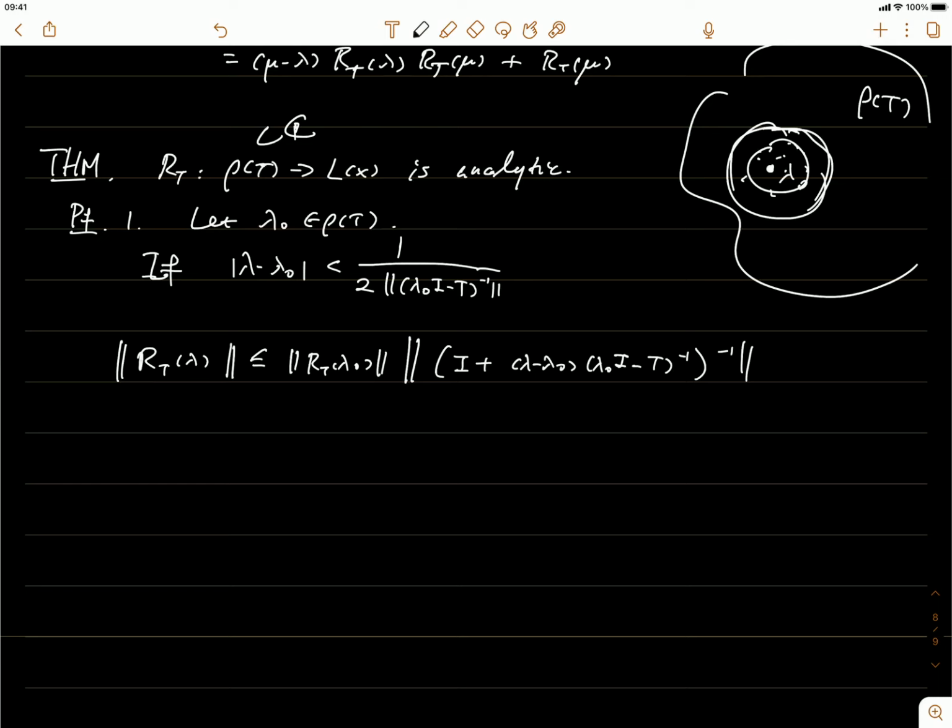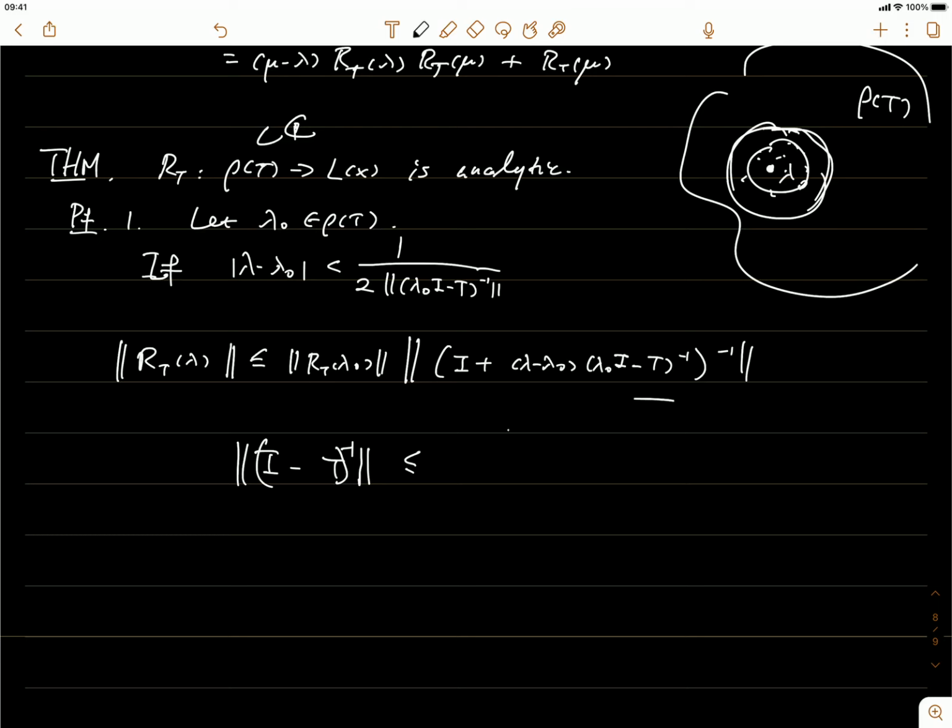Okay, so I'm going to give an estimate of the last one here. What is the inverse of this? I'm going to call the negative of this t. So let's say this is negative t. Then I'll have (I minus t) inverse, the absolute value.